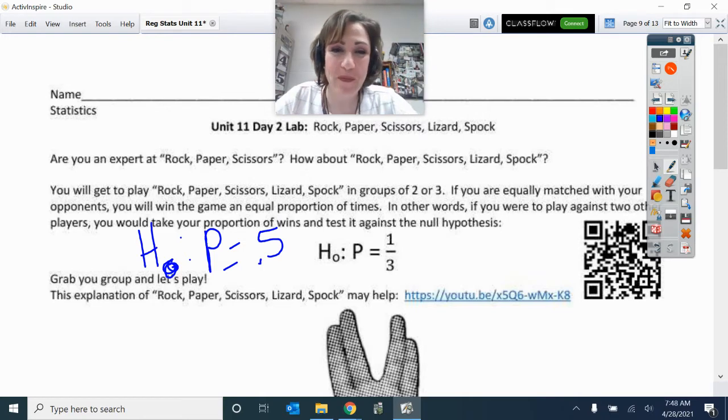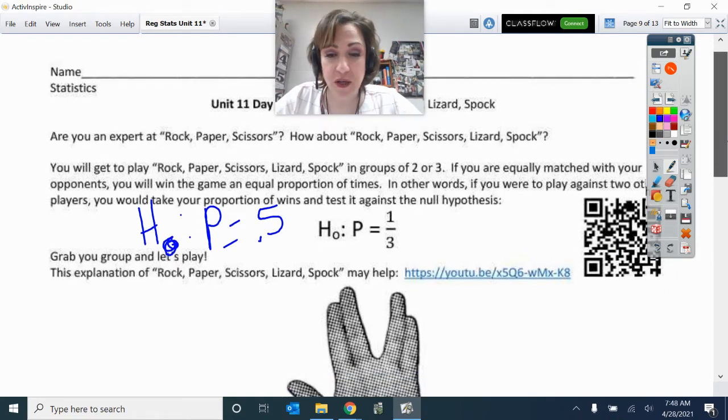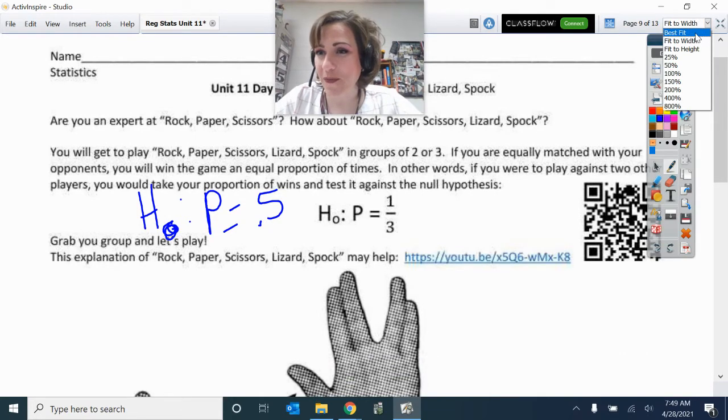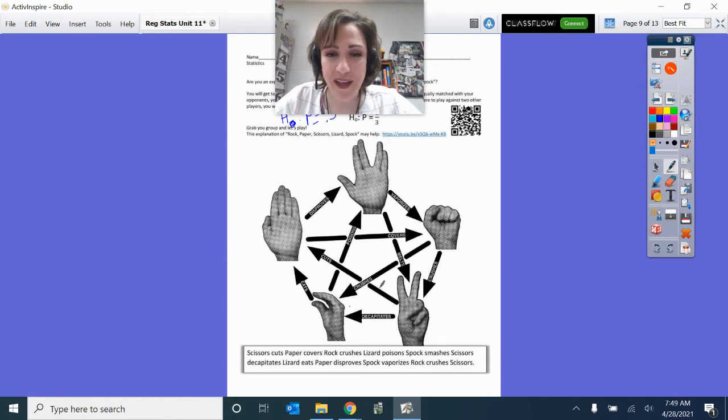Now we're going to have this fun little video explanation of rock, paper, scissors, lizard, Spock, and where that came from. You can scan this with this QR code, and also you have this visual of what beats what.